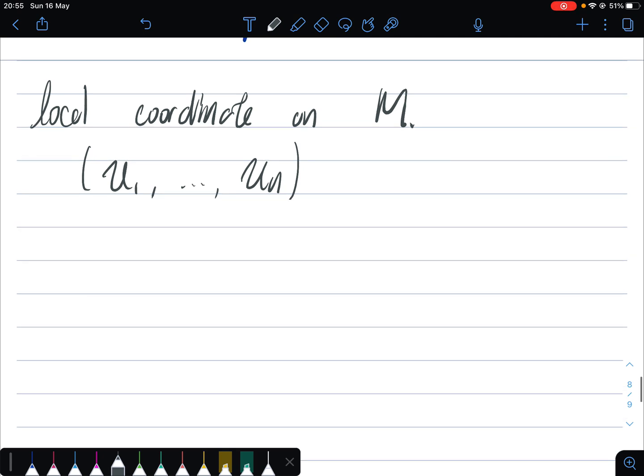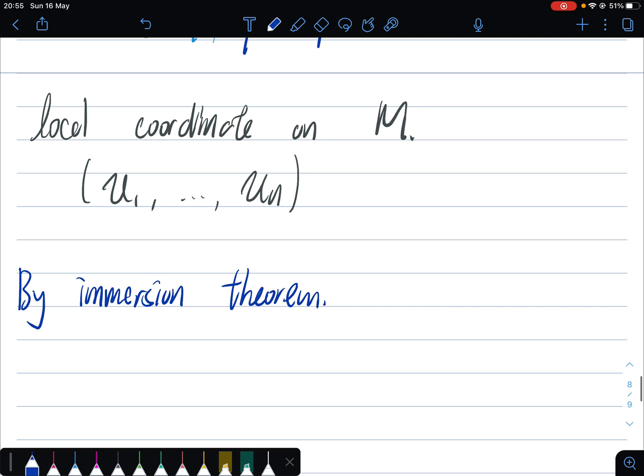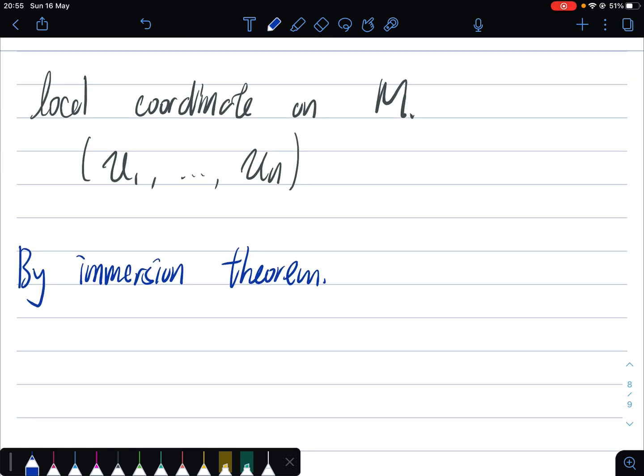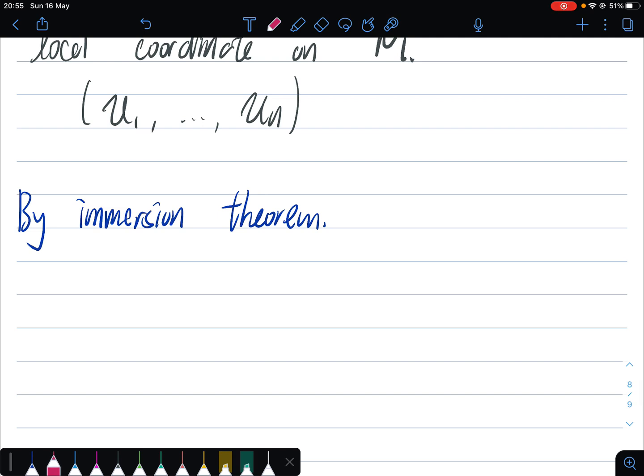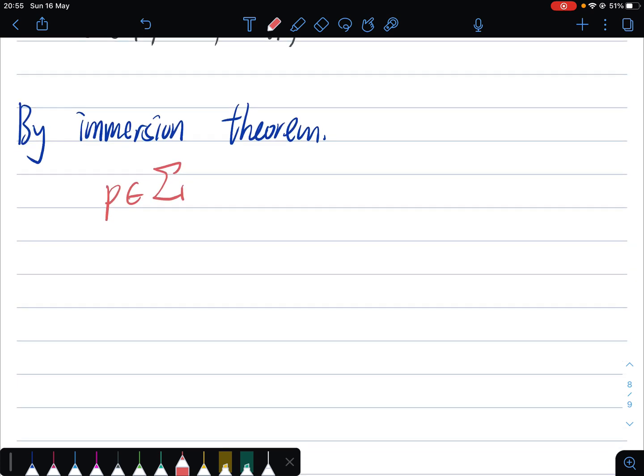Then by the immersion theorem, as sigma is a submanifold of M, we can claim that for any point x on sigma, we can find an open set such that, using the special coordinate system, the remaining coordinates are equal to 0.